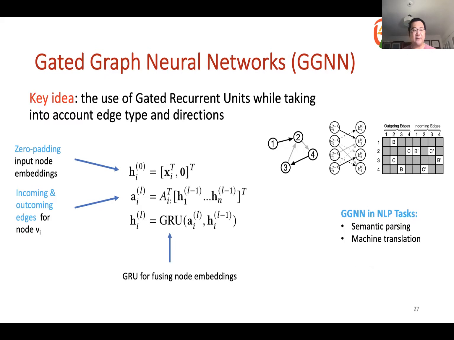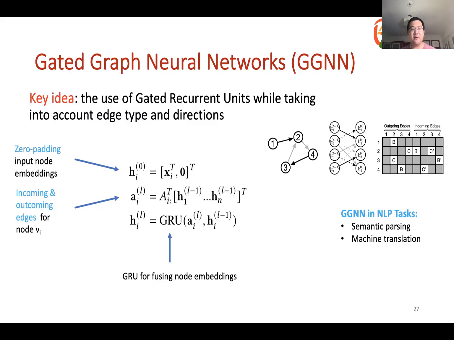At the very first step, they zero-pad all the input node embeddings, because different nodes may have different dimensions of node features. Then they formulate a big augmented matrix to take into account both incoming and outgoing edges, and aggregate them to generate a message. Then they apply the gated recurrent unit to fuse the information between the message and the node embedding from the previous layer to generate a new node embedding.